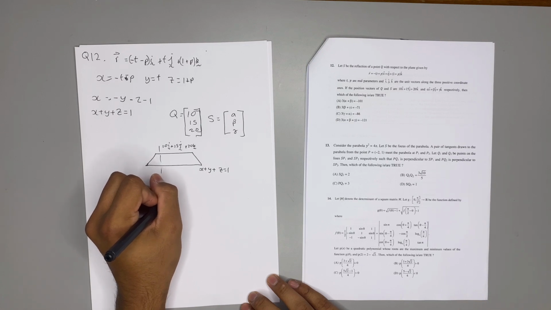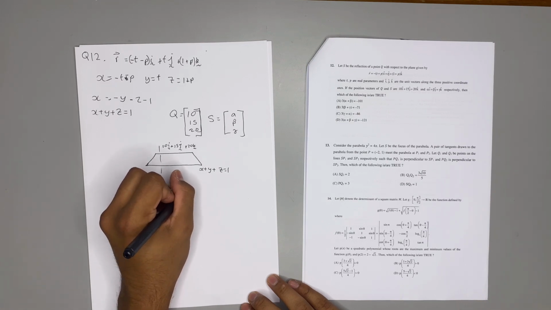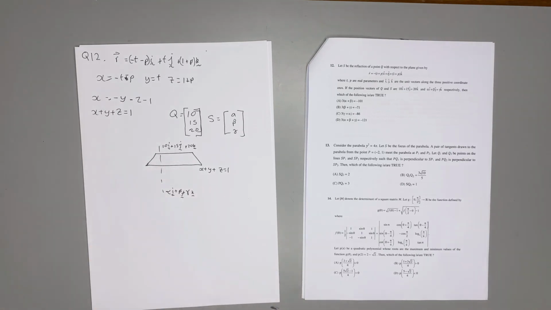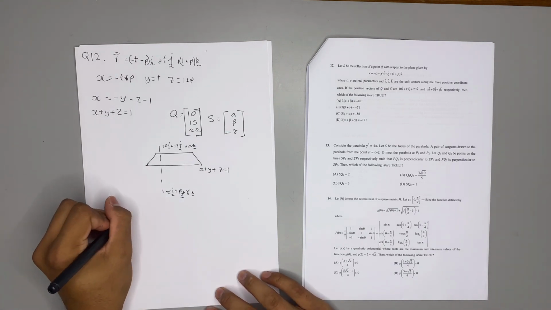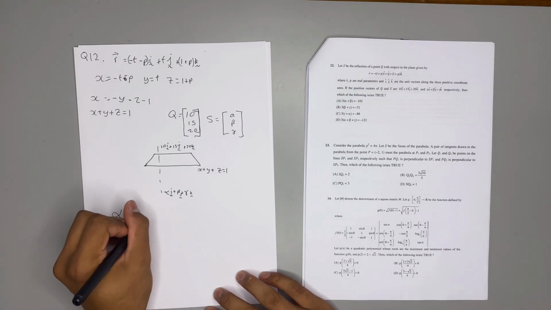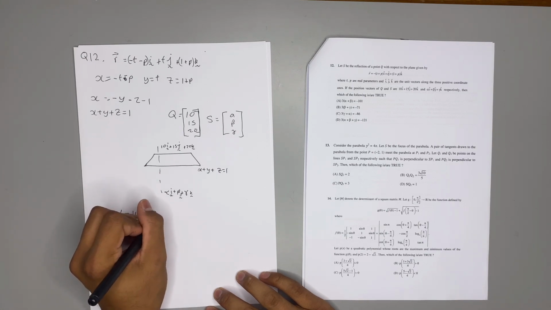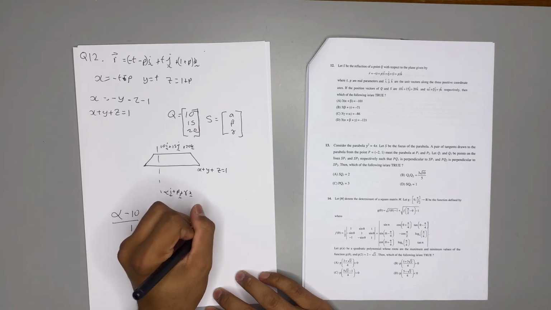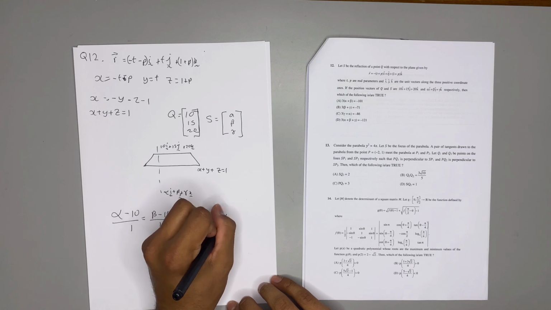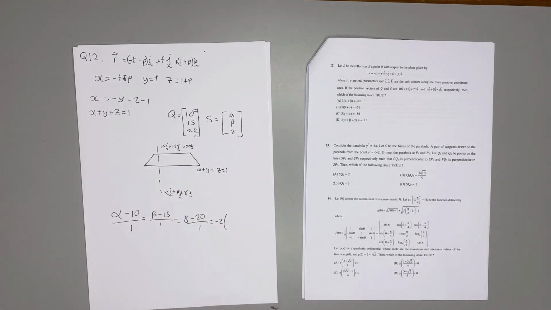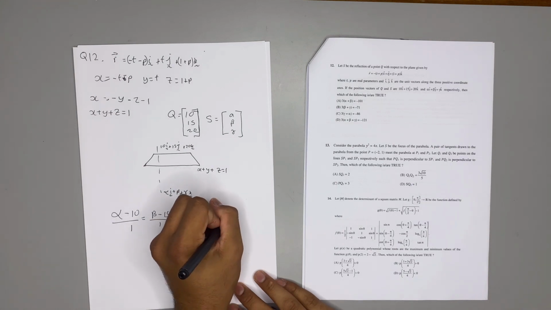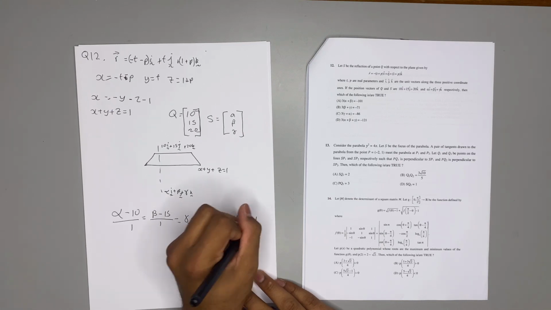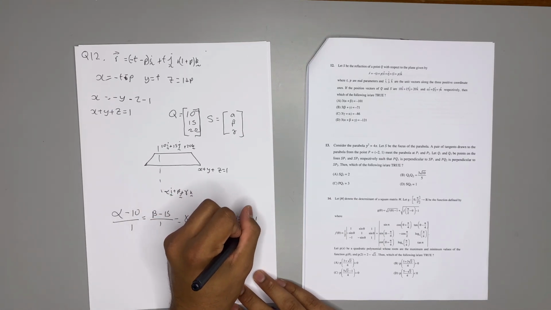Alpha plus beta plus gamma. Alpha minus 10 upon 1 equals beta minus 15 upon 1 equals gamma minus 20 upon 1 equals negative 2 times (10 plus 15 plus 20 minus 1) all upon (1 plus 1 plus 1).